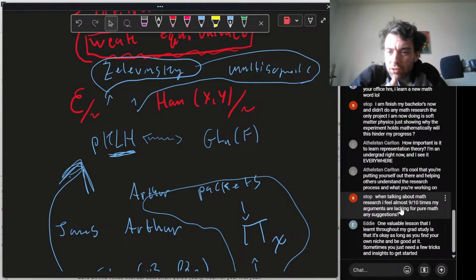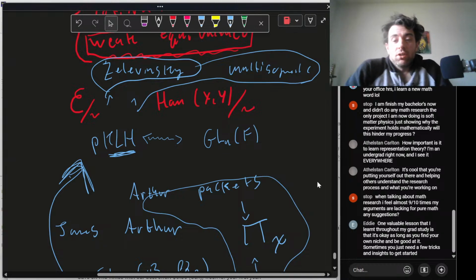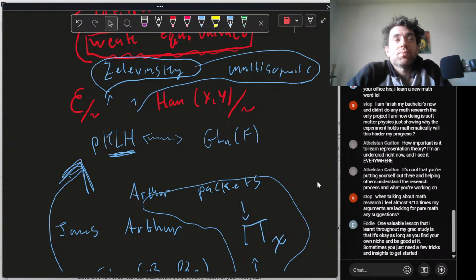When talking about math research, you feel that 9 times out of 10 your arguments are lacking for pure math. Any suggestions? Well, I guess you just gotta hunker down, and there's only 2 things you can do to get better at proofs fundamentally: reading proofs and writing proofs.